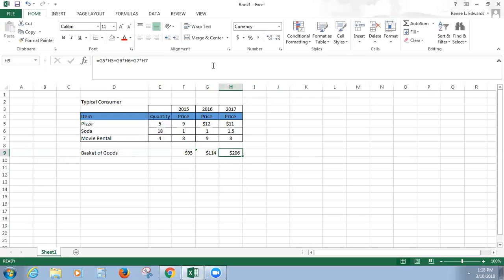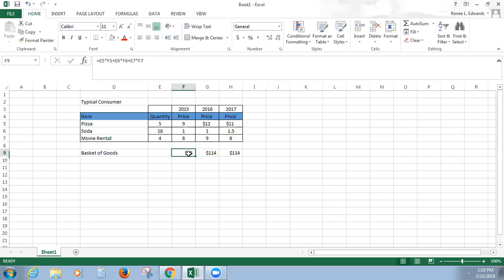All right, in 2017, the same combo of 5, 18, and 4 is going to cost him, right, $114. Right? And so what that tells us in looking at this rate of inflation here is that some prices will go up, some will go down, right?